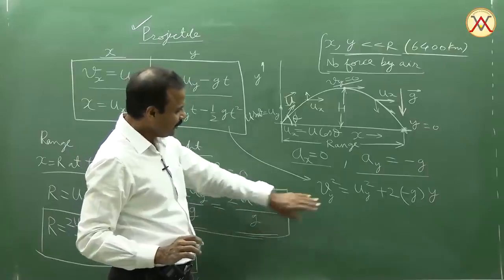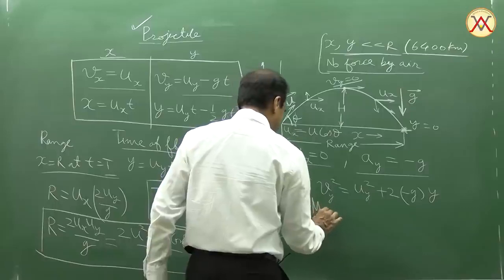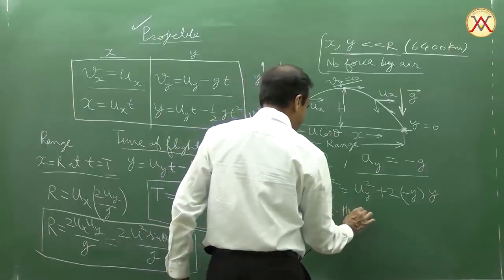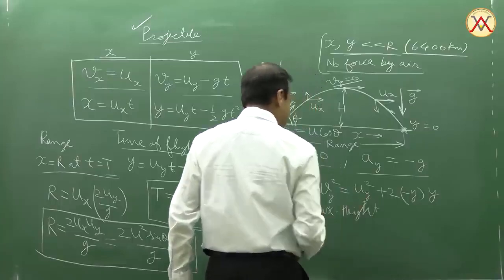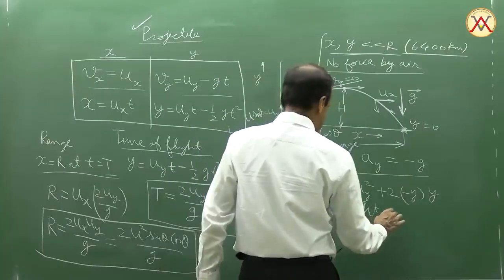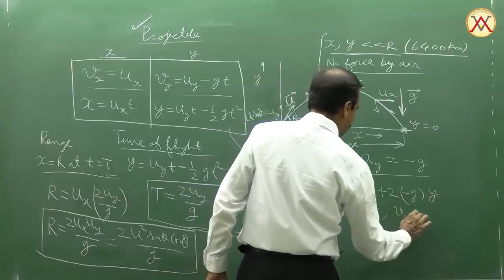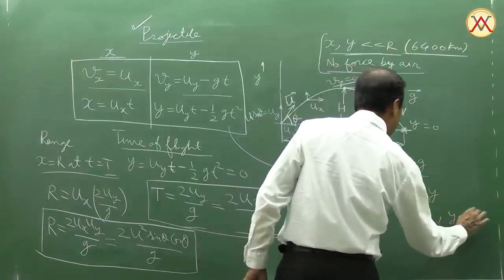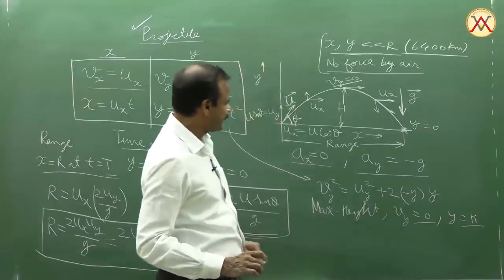Now for finding maximum height, I will put Vy equal to 0 and y equal to capital H, which is the symbol for maximum height.